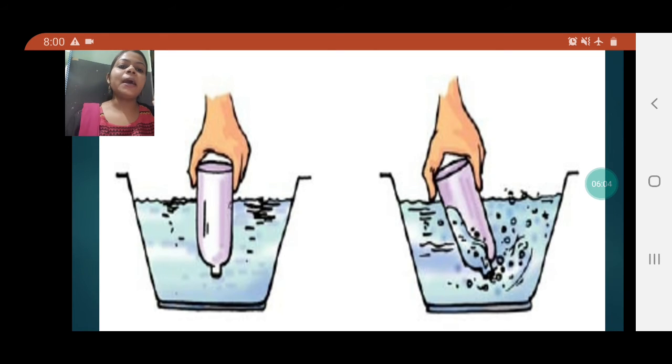Initially the air inside the bottle was occupying this space, but when we tilt the bottle, the air escapes and some space is present to let the water take the place of the air. So this activity proves that air also occupies space.